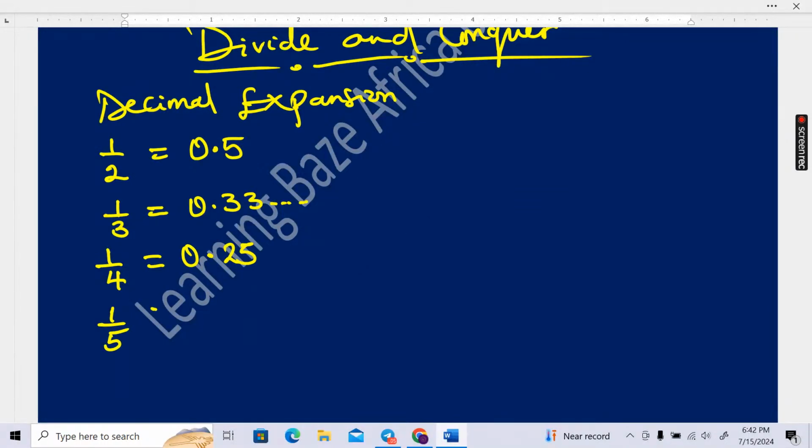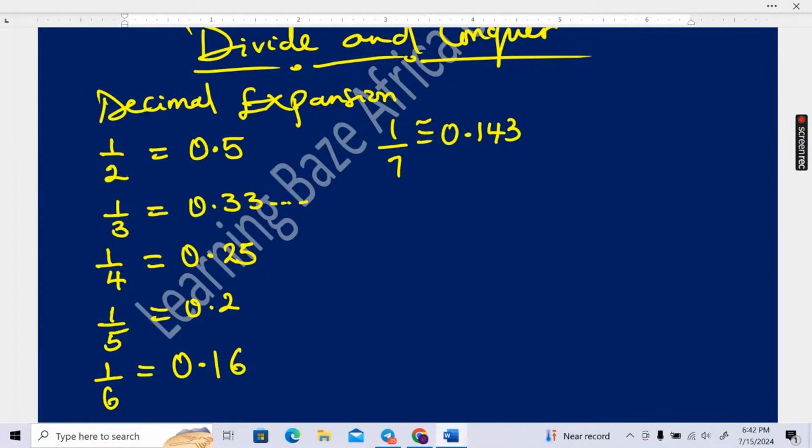Anytime you see 1/5, it means 0.2. Anytime you see 1/6, it means 0.16. Anytime you see 1/7, it means 0.143 approximately. All right?